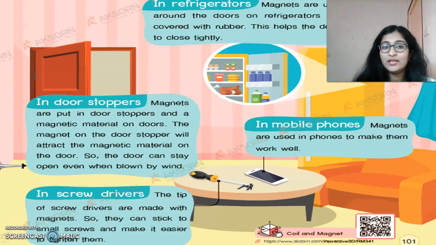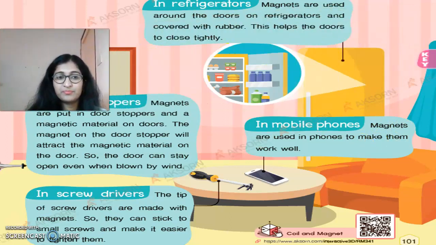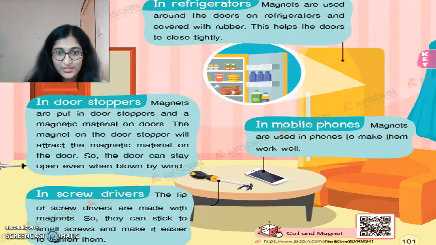So we can look at where the magnet is used. When you look at the doors of a refrigerator, we call it a refrigerator for cooling things, we have it in our house. When you open the door of a refrigerator, you can see the side is covered by a rubber.